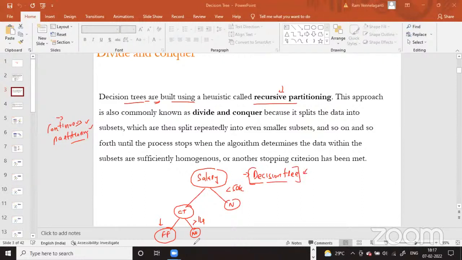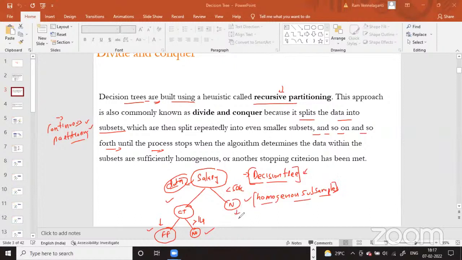And now you are recursively partitioning your data. You are continuously splitting your data into smaller subsets. We are going to continue splitting our data until we create our homogeneous subsamples. What do you mean by homogeneous subsamples?